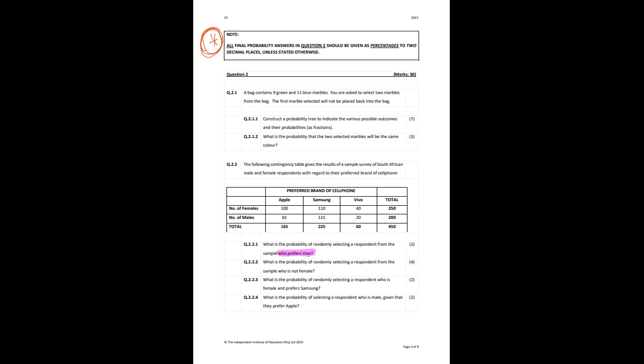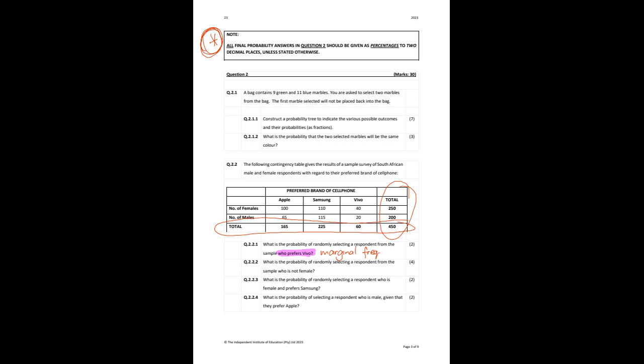So this is an example of a marginal frequency, where you are literal to the word marginal, getting your answer from the margins of the table. So it's either your total column or your total row that you're looking for your answer in. It is just one single variable that's being looked at: the probability of selecting a person who prefers Vivo.